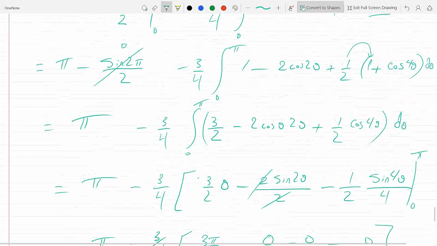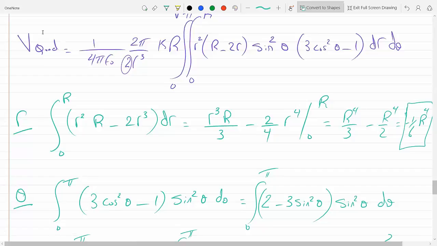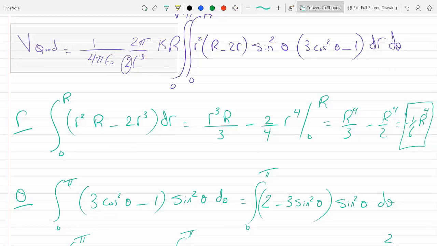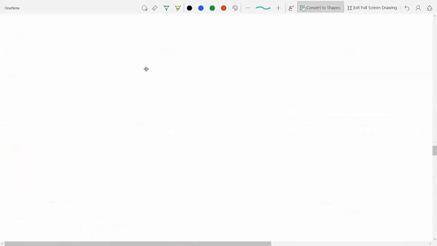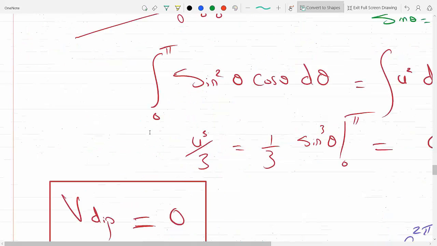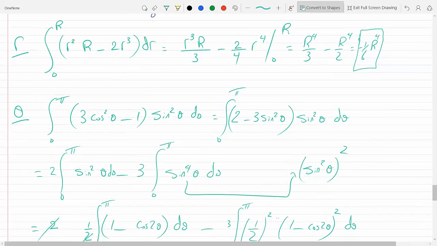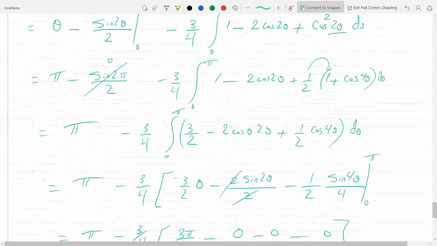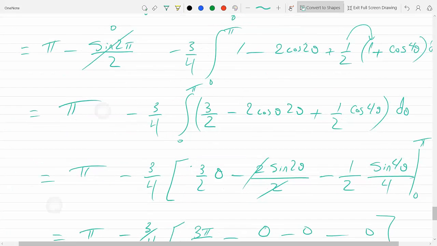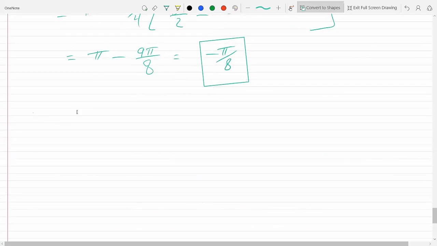So now put them together. So the integral now becomes, we have, let me copy this here. So the integral becomes, yeah. Okay, so let's paste it here.